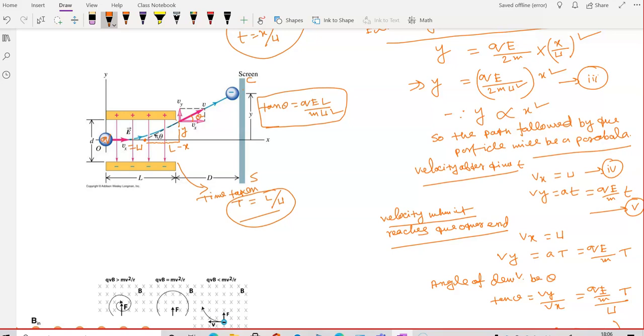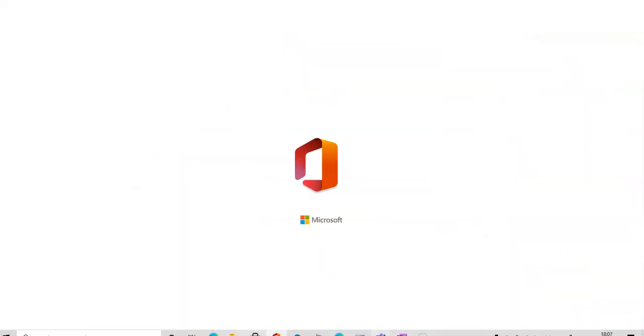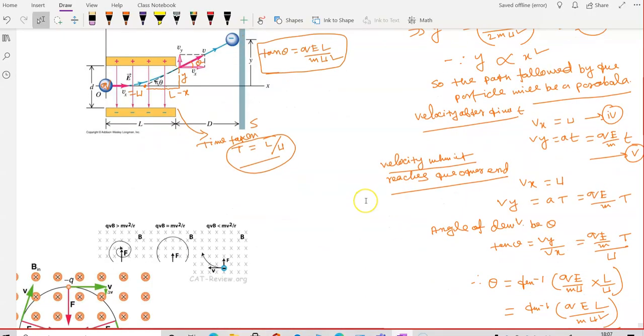So if the produced part of this direction of the final velocity, what is the final velocity magnitude? That you can find from here. The final velocity magnitude we got from here.